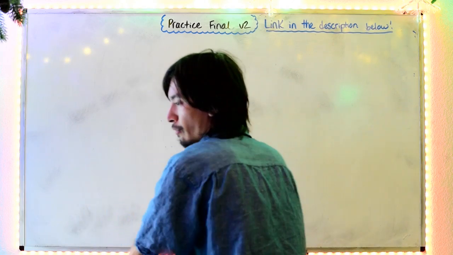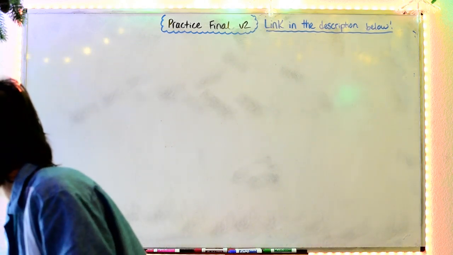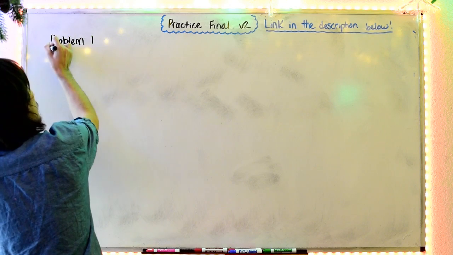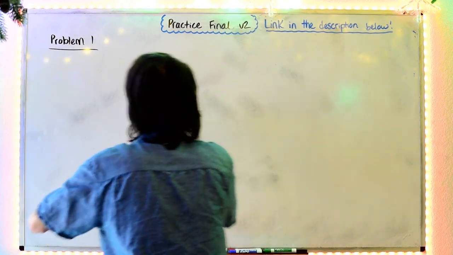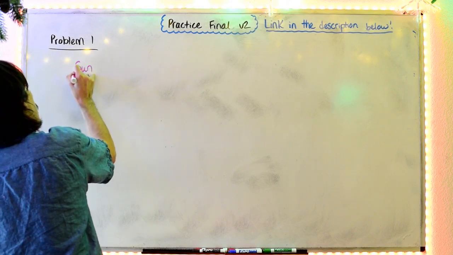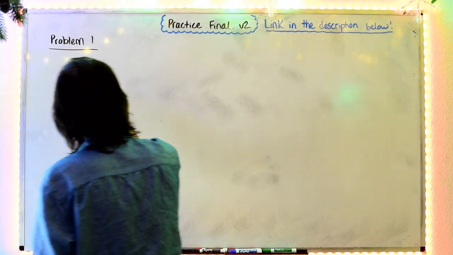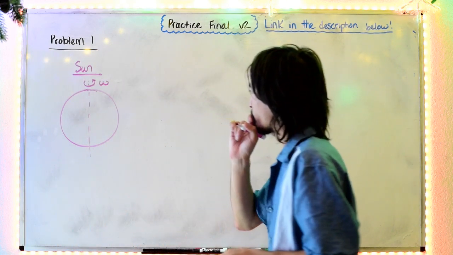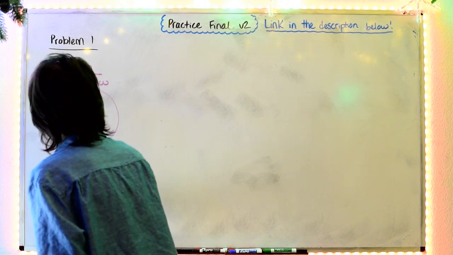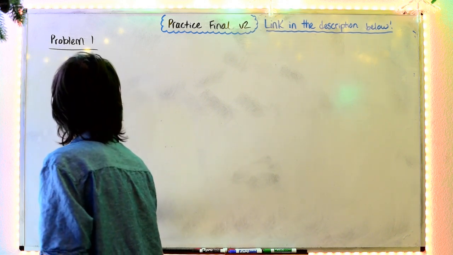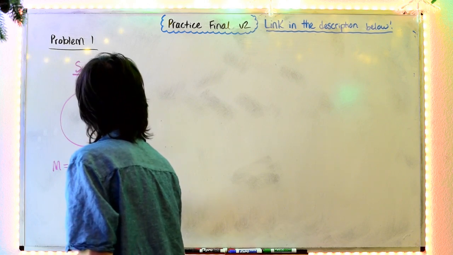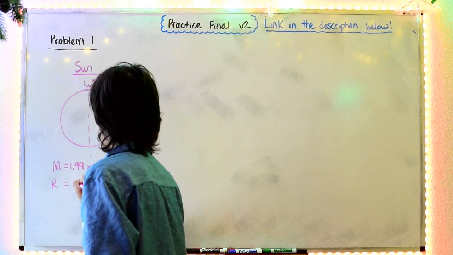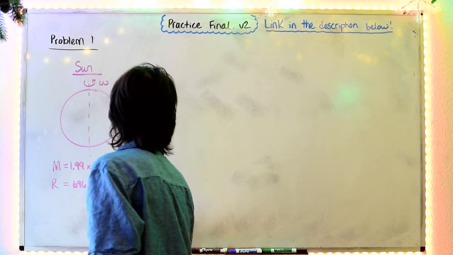So, for this problem here, there's the sun. Here's the sun, and it spins about its center with an angular speed omega. And we know that the mass is 1.99 times 10 to the 30th kilograms, and its radius r is 696,000 kilometers.